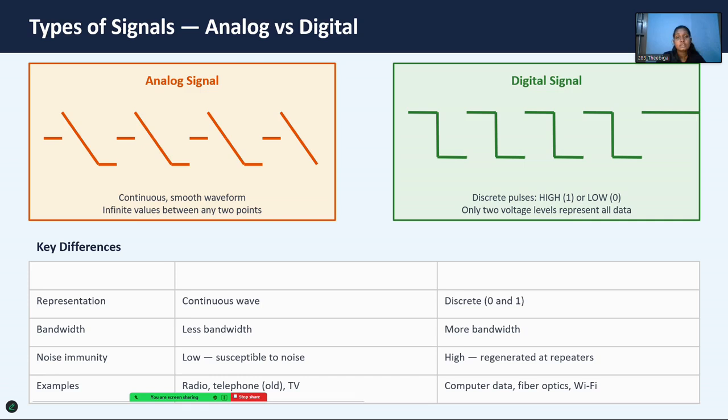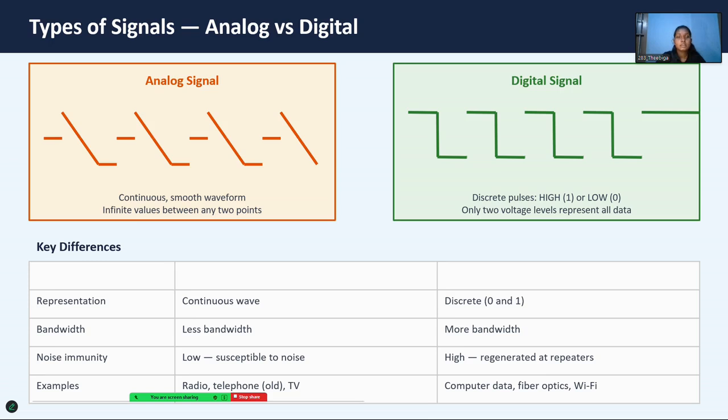Digital signals use only two discrete values, high and low, or 1 and 0. All modern computer communications use digital signals. The key advantage is noise immunity. Even if a digital signal picks up some interference, it can be regenerated perfectly at repeaters along the route because you only need to distinguish between two states.